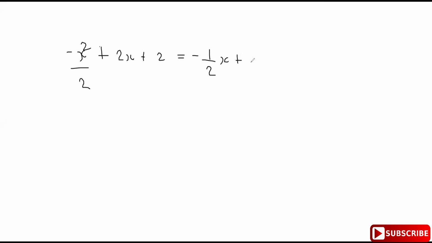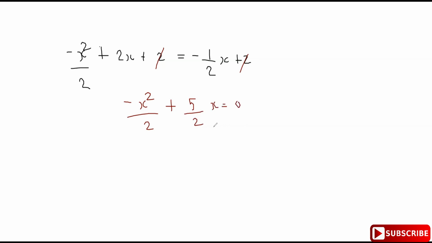We can clearly see that this 2 cancels this 2. So bring over the minus half x, and what we get is minus x squared over 2, plus 2 plus a half, which is 5 over 2 x, equal to 0.